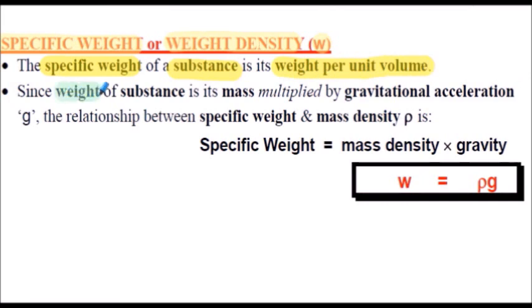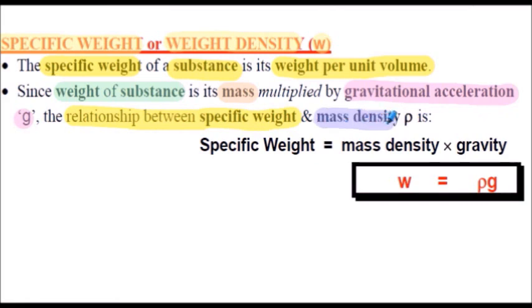Since weight of the substance is the mass multiplied by gravitational acceleration, symbol g, usually assumed to be 9.81 meters per second squared, then the relationship between specific weight and mass density, symbol ρ, is as stated below. Specific weight is equal to the mass density multiplied by gravitational acceleration. In symbol form, that's lowercase w is equal to ρ multiplied by g.